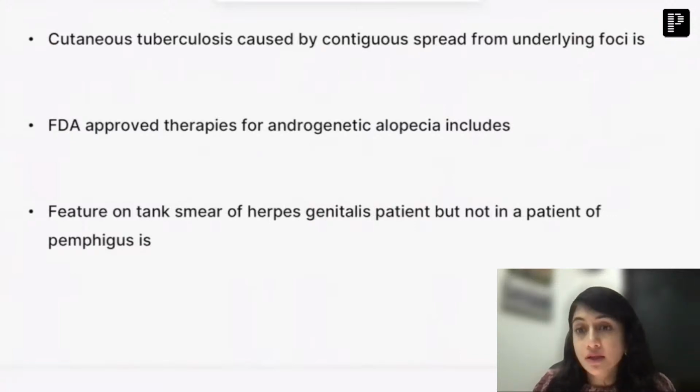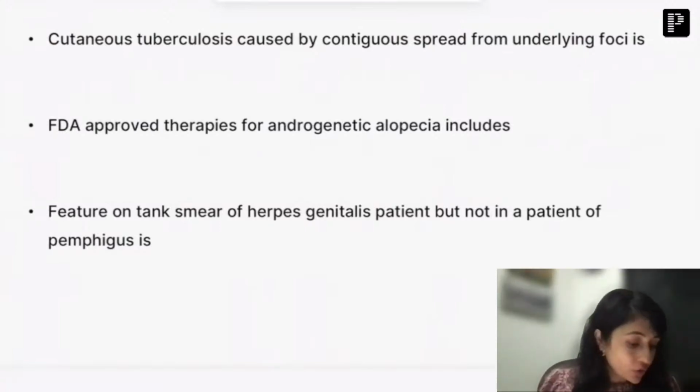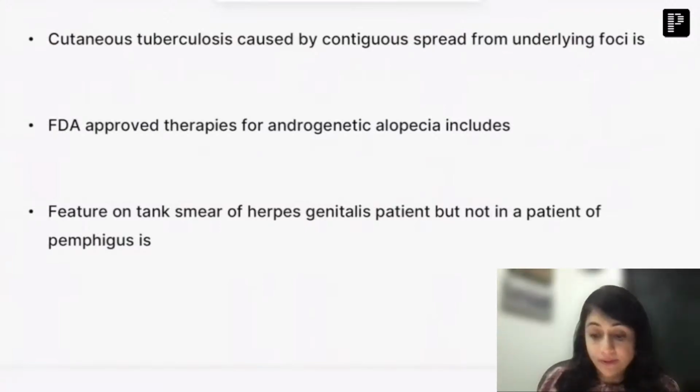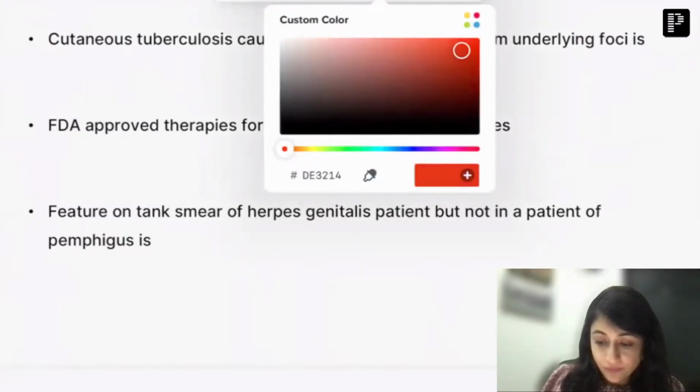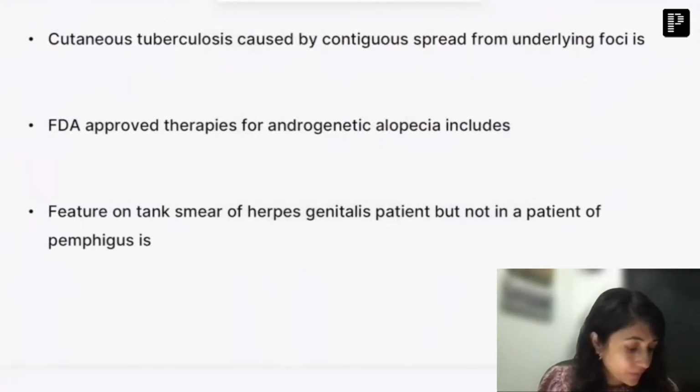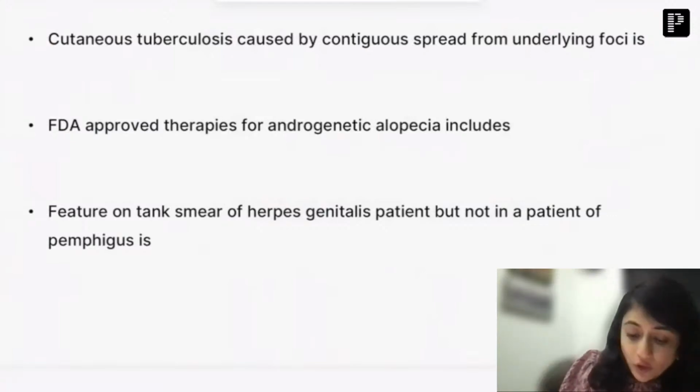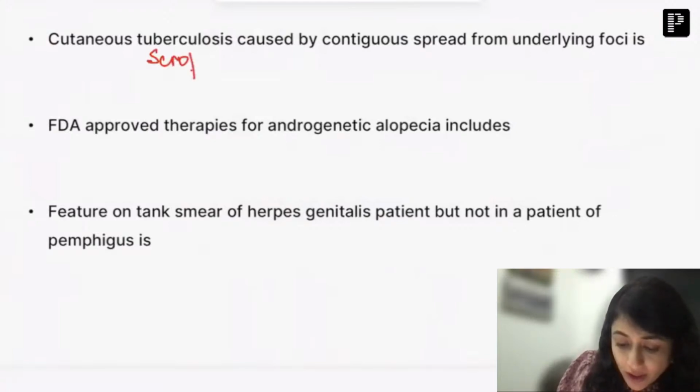So if there is an underlying focus of infection and from there is contiguous spread into the skin, what is that kind of cutaneous tuberculosis called? Good, Dr. Chaitanya. No, no, no. So don't get confused. By contiguous spread, we call it scrofuloderma.